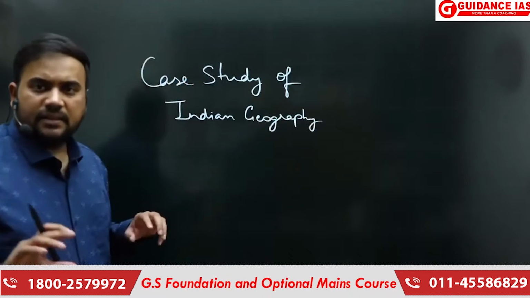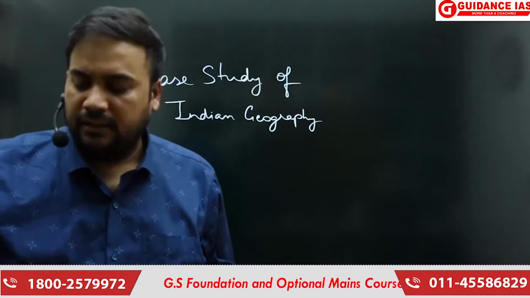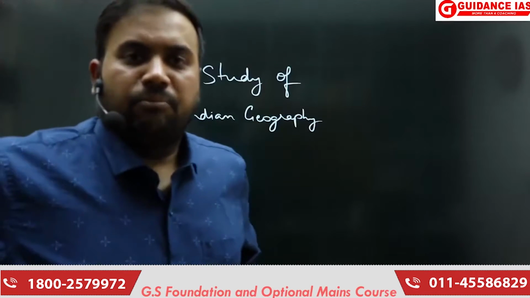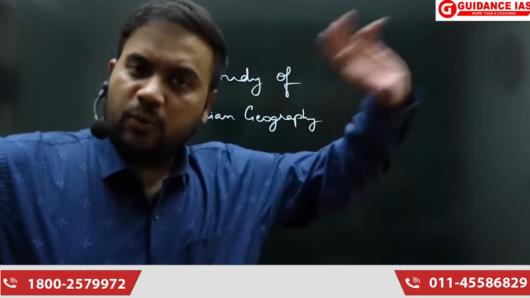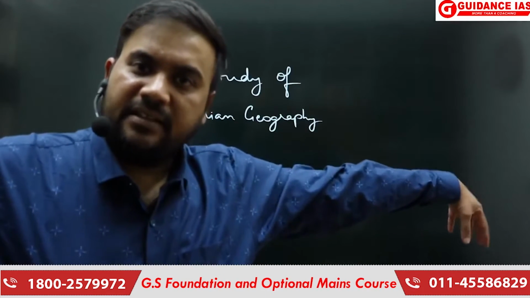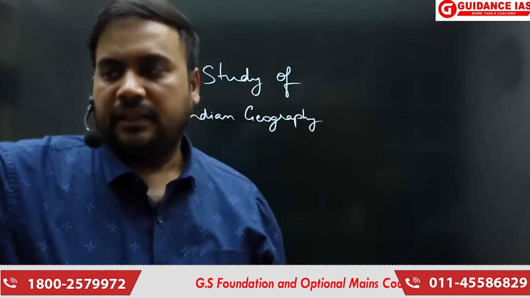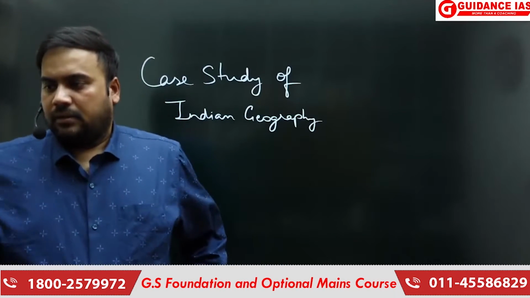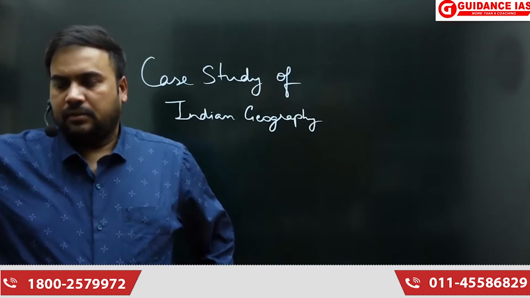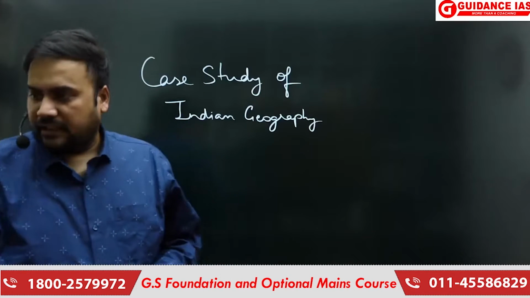So if it is a case study of Indian geography, now tell me, can we say that many of the things that we learn in paper 2 can be used as examples and case studies even in paper 1? Yes or no? Tell me. Can we say that?